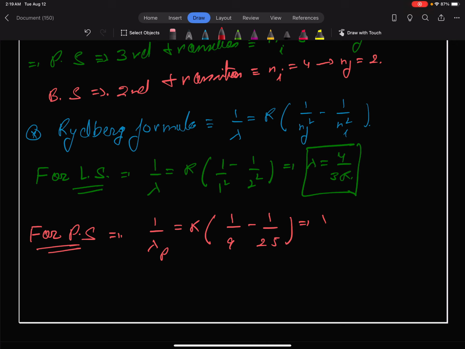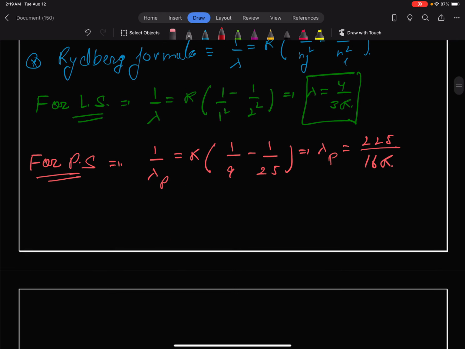So from here we get the wavelength associated with the Paschen series, which will be equal to 225 upon 16R. Now finally the Balmer series: 1 upon lambda b will be equal to R times (1 upon 4 minus 1 upon 16). So this gives us lambda b equal to 16 divided by 3R.